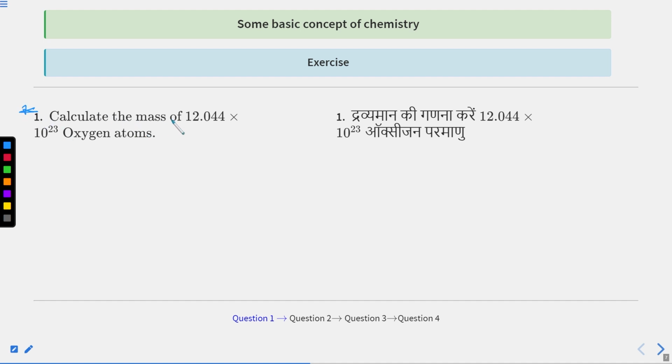The first question is saying: calculate the mass of 12.044 into 10 raised to the power 23 oxygen atoms. What will be the mass of this number?